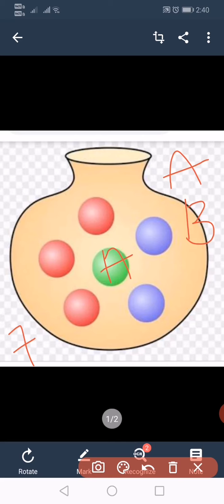So the occurrence of event B is dependent on the occurrence of event A, which has already happened. Event A is drawing a ball from the jar, and event B is, without replacing the drawn ball, picking another ball.